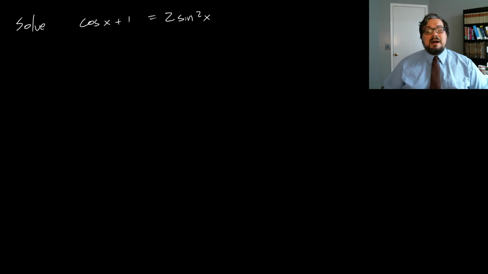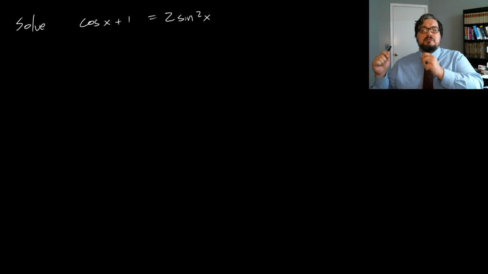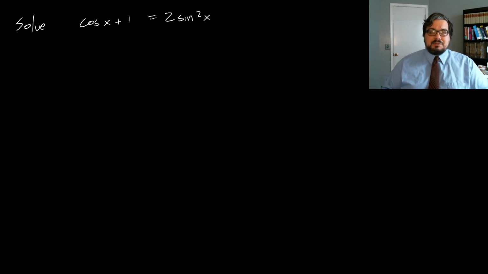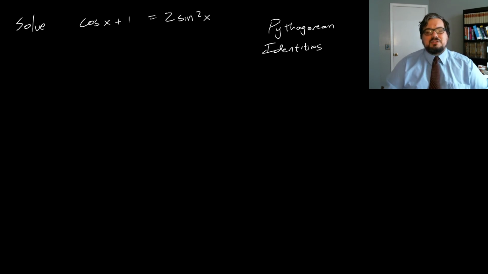One thing to keep in mind is that we always have a way of transforming a squared trig function into an expression involving some other squared trig function, via the Pythagorean identities. The Pythagorean identities allow us to transform expressions involving sine squared into expressions involving cosine squared, and vice versa.